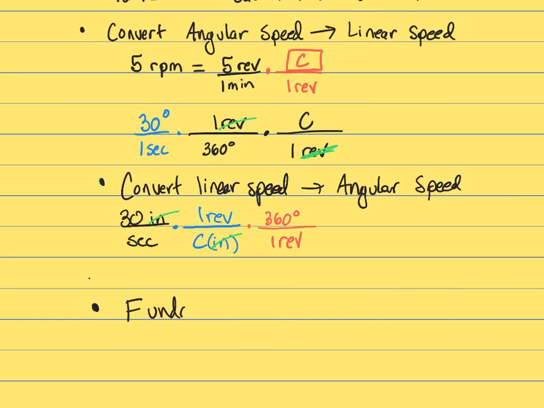Our fundamental relation that we keep on using is the circumference per 1 revolution or 1 revolution per circumference. That is a unit fraction that we used in all of these examples.